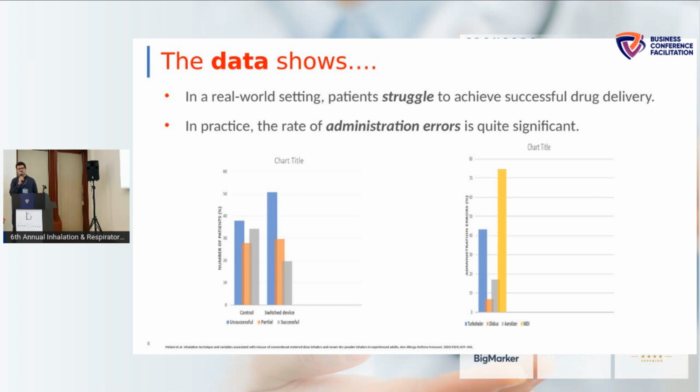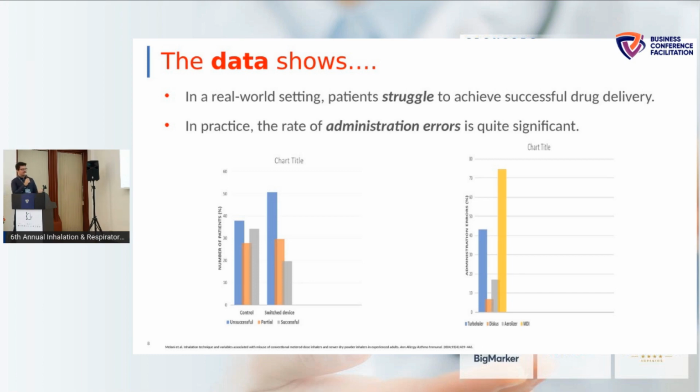I just wanted to show you two studies, two different examples. On this first one, we have three outcomes: the blue one is unsuccessful delivery, the second one is partial delivery, the third one in gray is successful delivery. This is the control group, and the second one on the right is a switch of the device from one to the other.